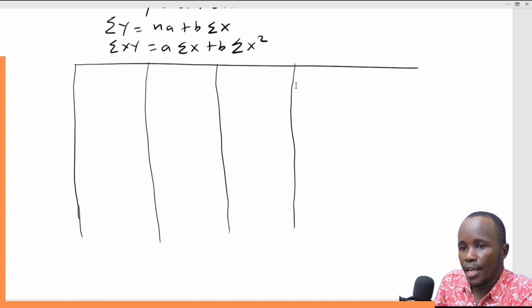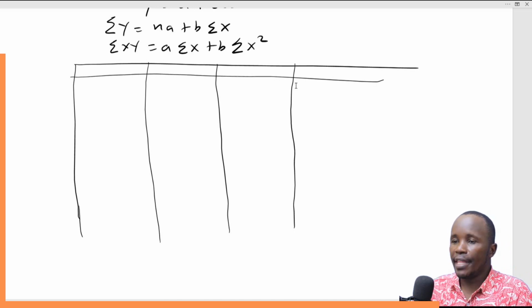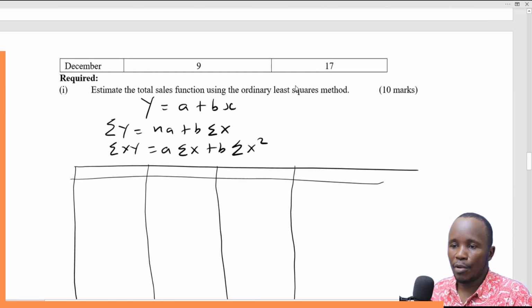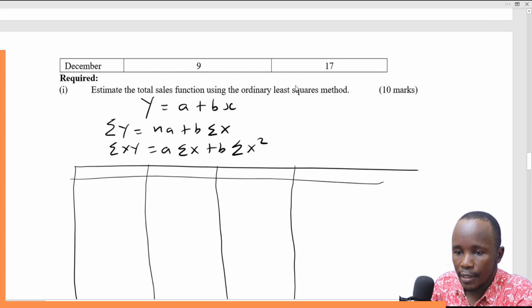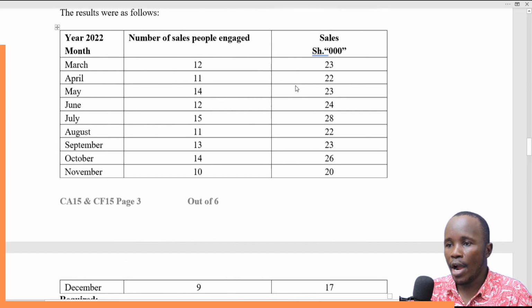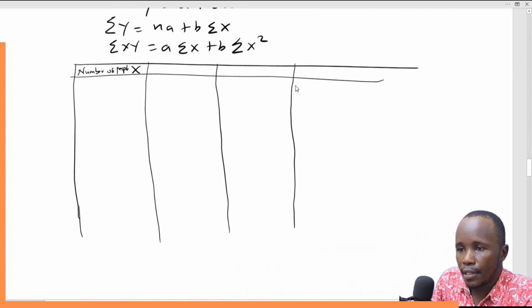So here, x will be the number of people. Number of people is x. Sales volume will be y. I need x squared and I need xy.